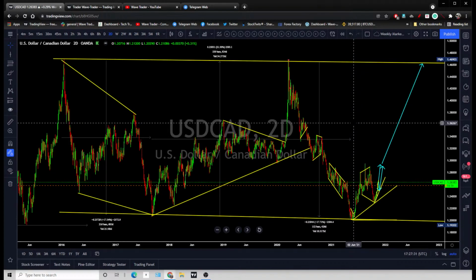If OPEC countries do not supply enough oil to the market, this is the first reason which can give strength to the CAD, because there are going to be oil shortages and the oil price will keep pushing higher. The second reason is if the Bank of Canada keeps raising the interest rate aggressively, that can drive dollar CAD to the downside for longer term. But I don't see both things happening anytime soon.